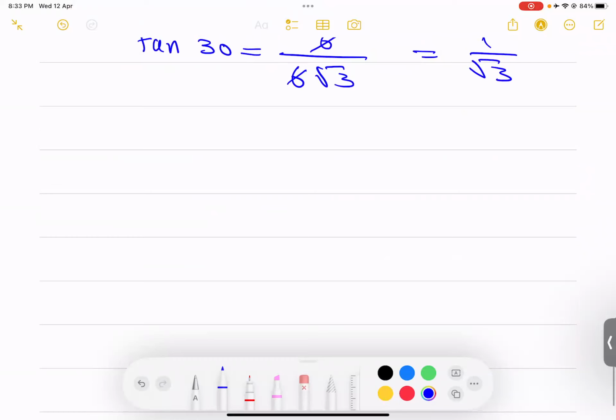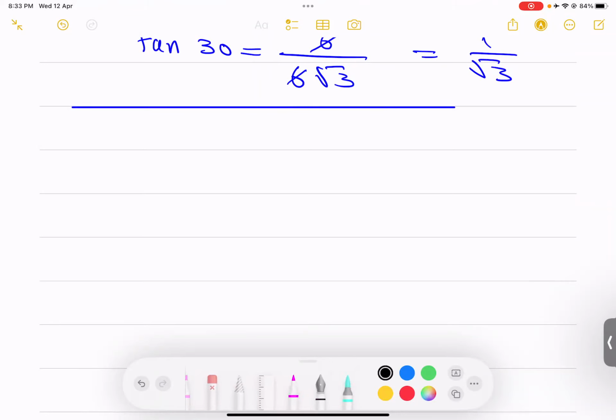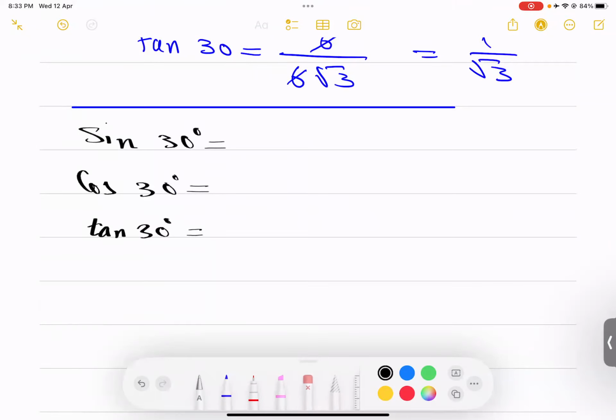Okay. Let me give you another example. Actually, let me abstract it for you. You need to keep it. Whenever we have sine 30, cosine 30, tan 30, I think you've been asked to keep it by your teacher. Is that right?